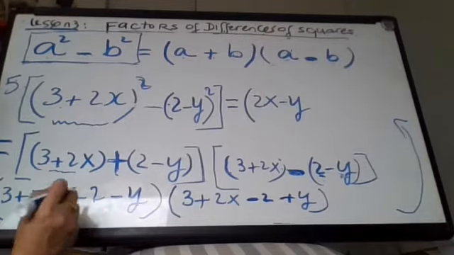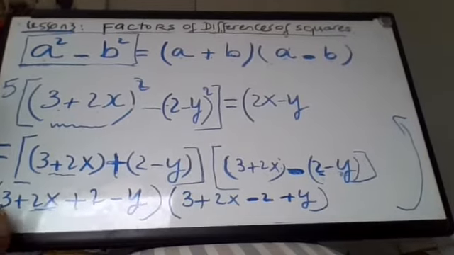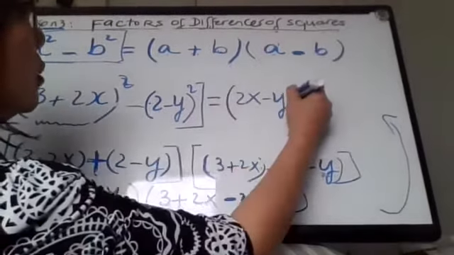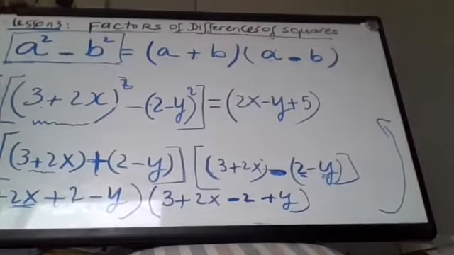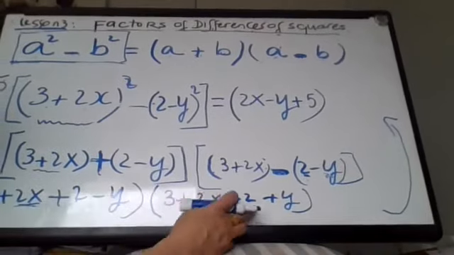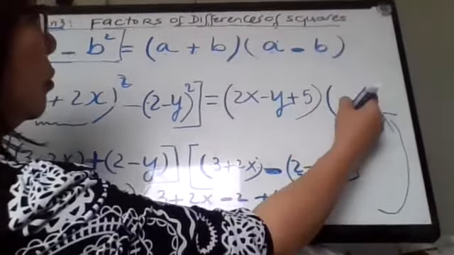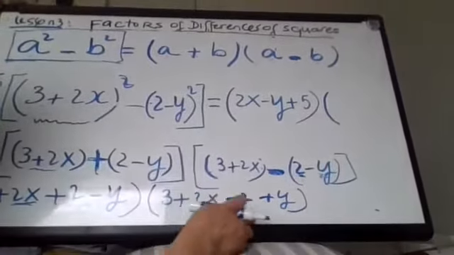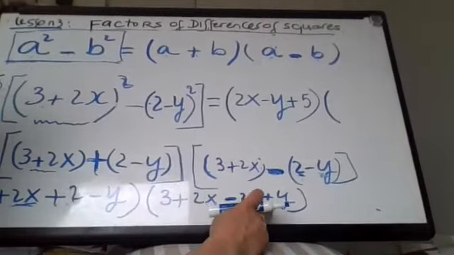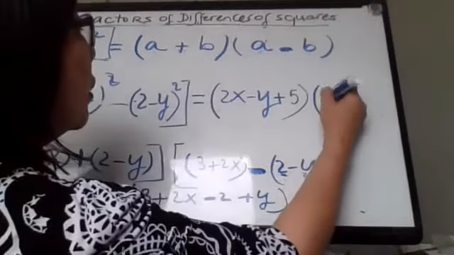What about number 3 and number 2 here? Yes, 3 add 2 is 5. So plus 5. That's how I simplify the first bracket. Now simplify the second bracket, okay? The second bracket from here, 2x plus y, again, they're not like terms.